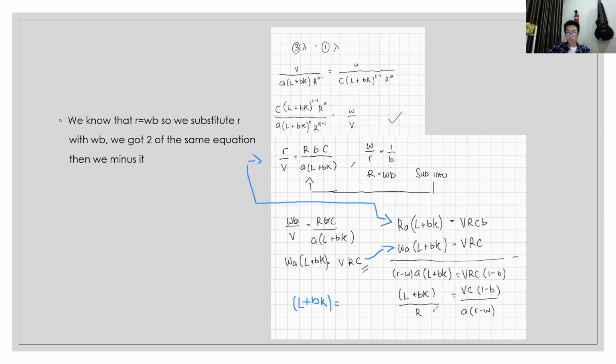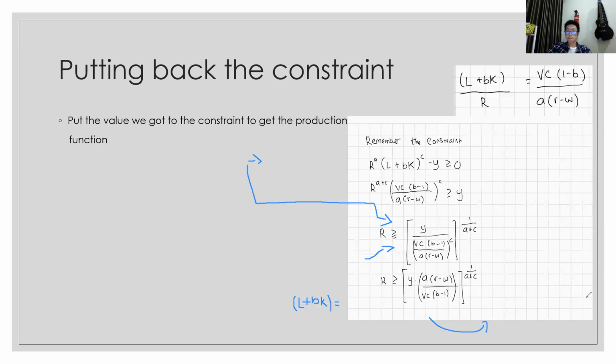So what we're going to do is move R to the other side. I'll show you in the next slide. We're just going to multiply it later. Clear all this. So remember the constraint. Get R here, we're going to move it here later. When we put LBK, remember we still have C here, so we move it to the front as well.